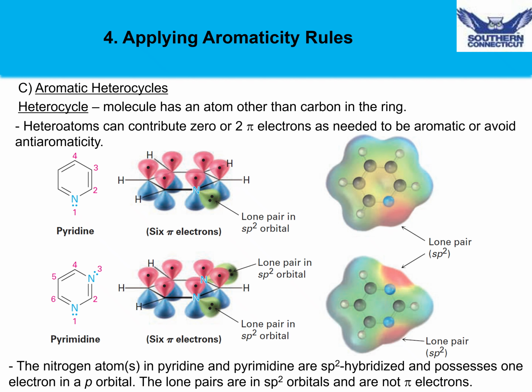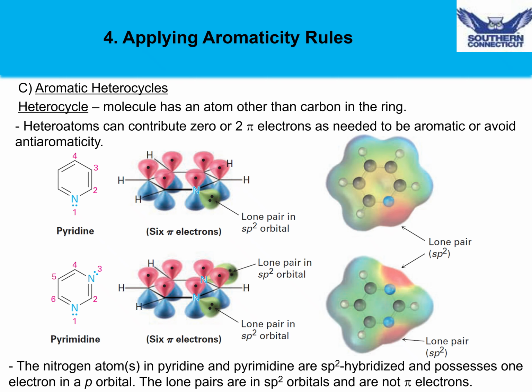Those lone pairs can be counted towards the pi number of electrons if it's beneficial towards the compound. In other words, if it's going to allow the compound to be aromatic. In some cases, we may not count those lone pairs as part of the number of pi electrons, since we want to avoid anti-aromaticity.